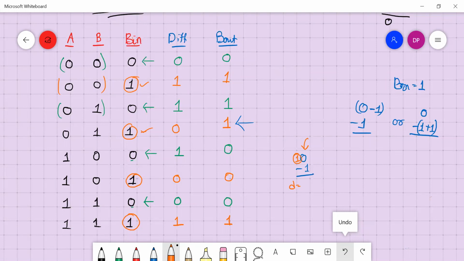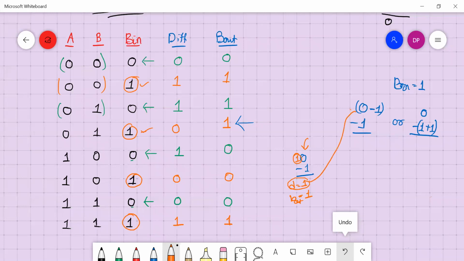When borrowing something, the borrow out, B out, should be 1 because you have borrowed already. So B out will be 1, and the difference is how much? 2 minus 1. Difference is 1.